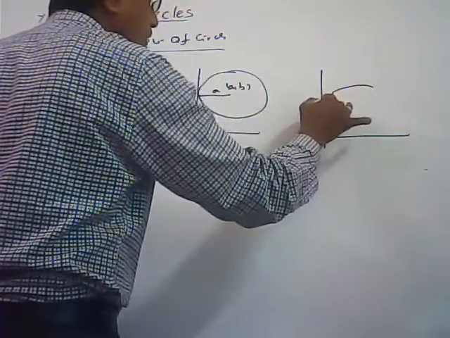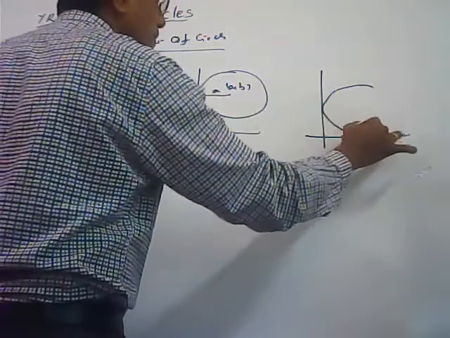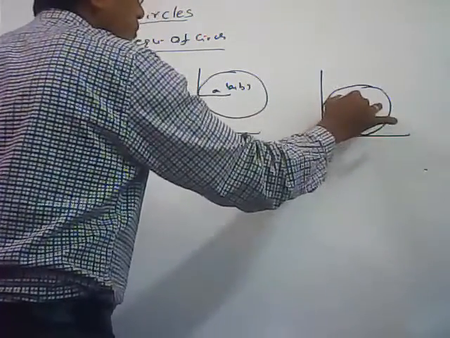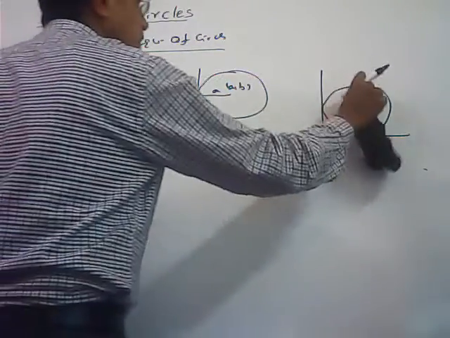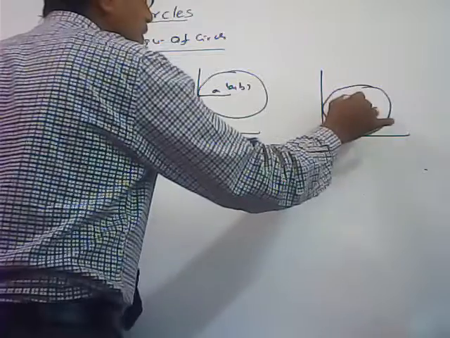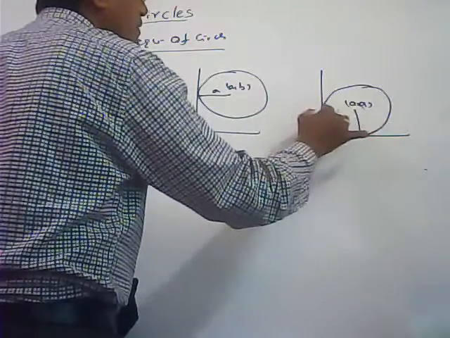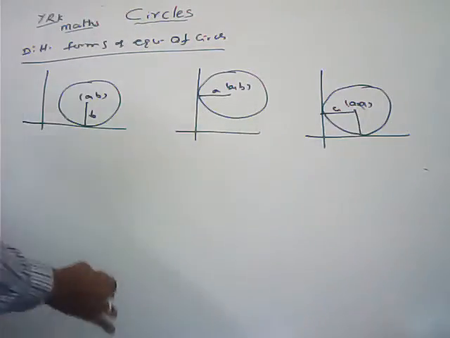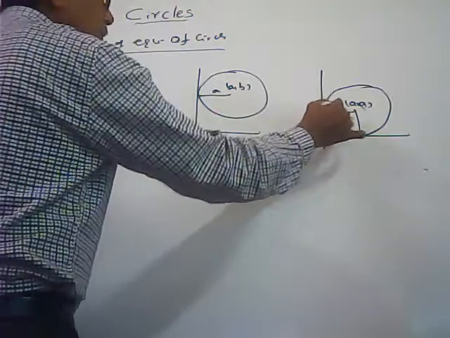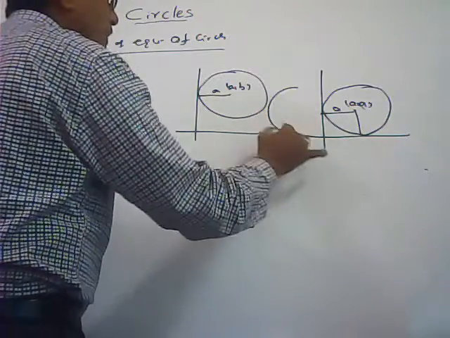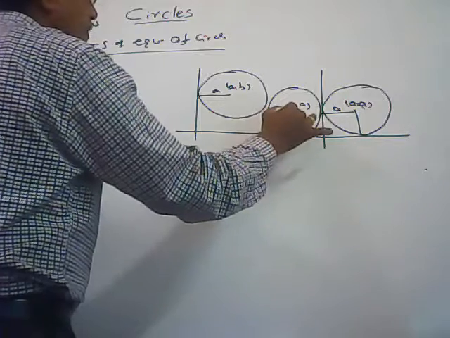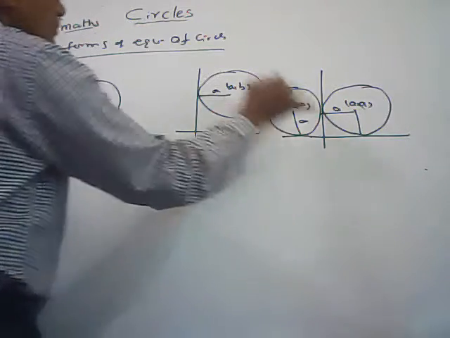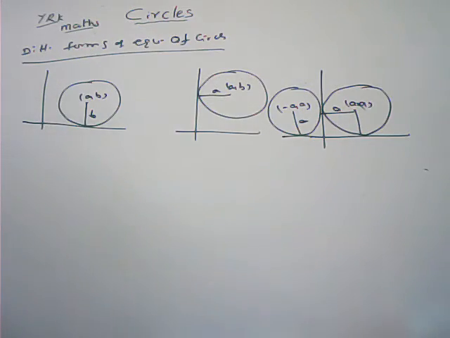If a circle touches both the coordinate axes, center a comma a, radius also a only. If it touches both the coordinate axes in the second quadrant, we can take minus a comma a, radius a only. In the third quadrant, minus a, minus a, like that.